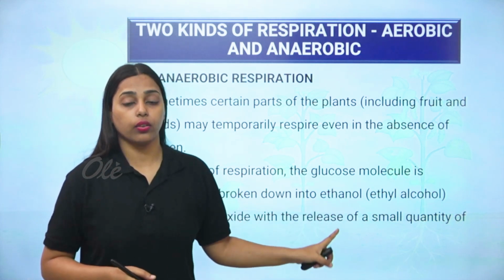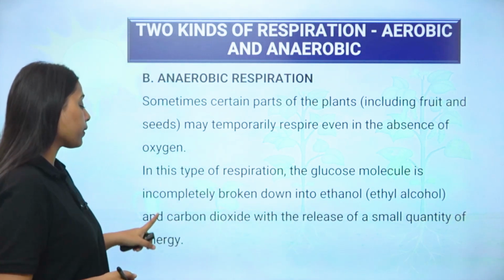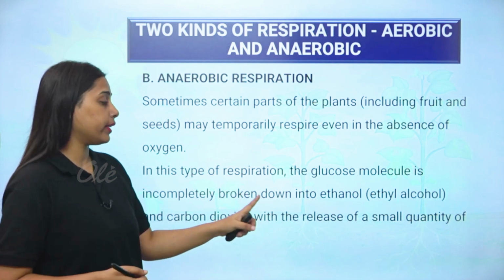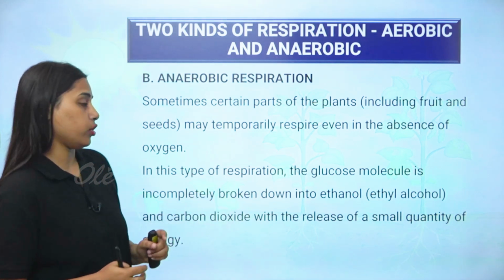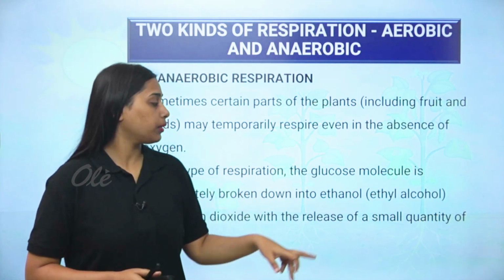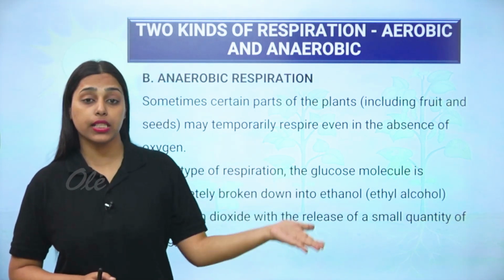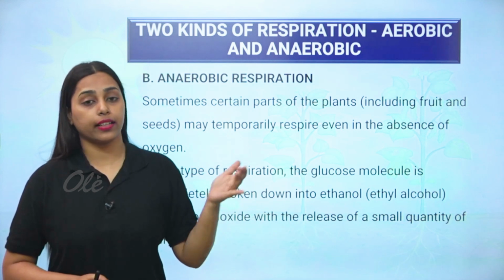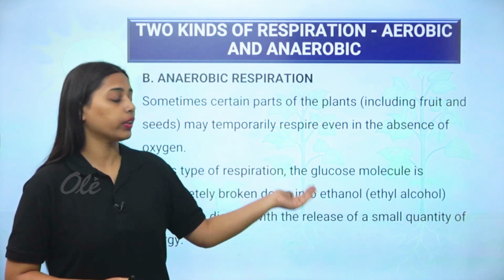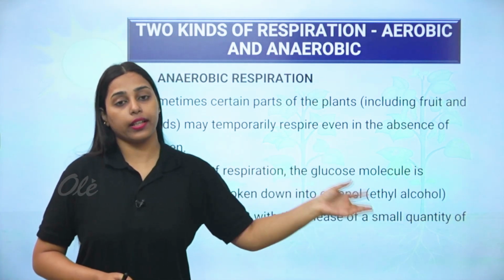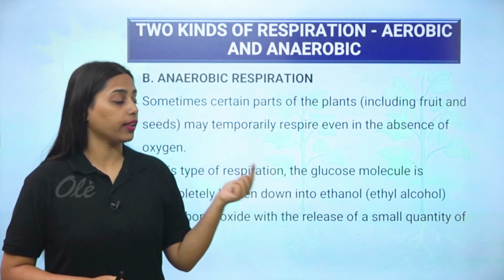ethanol, which is an alcohol, ethyl alcohol is its common name, and carbon dioxide, with the release of a small amount of energy. Why a small amount of energy? Because glucose is not completely broken down into its simpler substances, carbon dioxide and water. It is broken down into another organic compound, that is ethanol here.